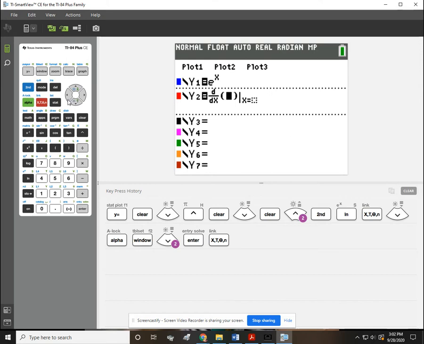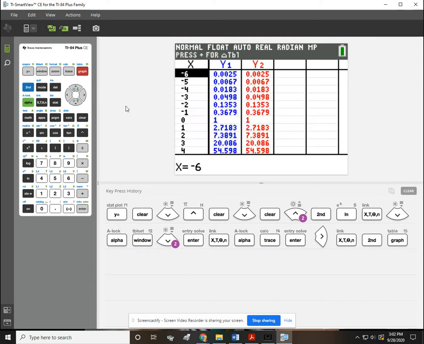A little bit shorter way is to do alpha trace and choose y1. Whatever is typed in y1 is going to do the derivative of that. So in this case, it's the derivative of e to the x. And then if we just let x equal x, when we go to our table, which is what I would do to fill in number 3, there it is.